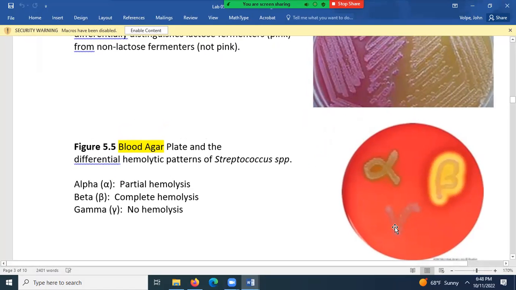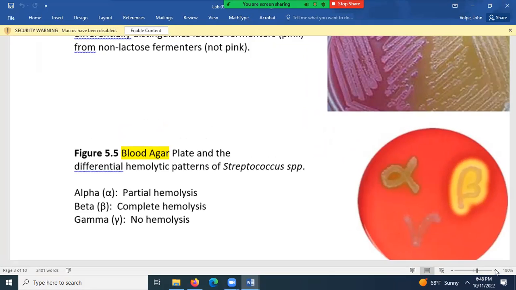And here we have the white bacteria, and the red comes all the way up to the bacteria. So this is gamma hemolysis, no hemolysis. You can have alpha hemolysis, which is also partial hemolysis. And here you see the red comes up to a region which is darker.